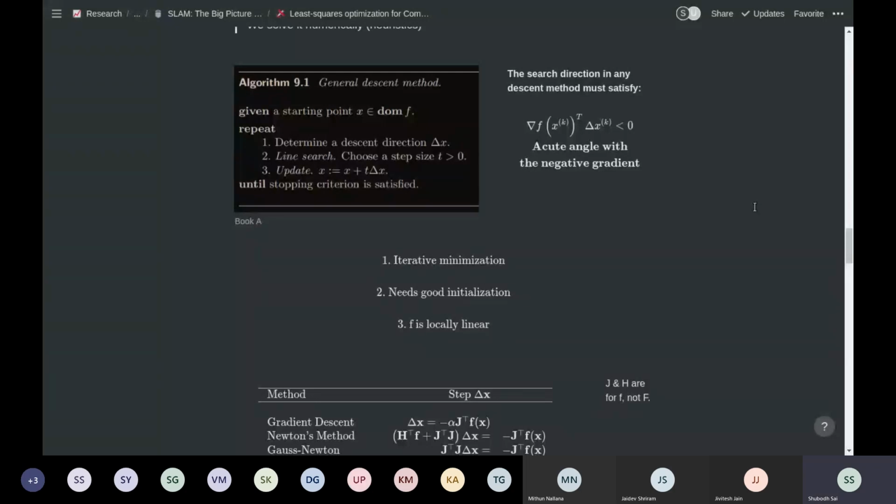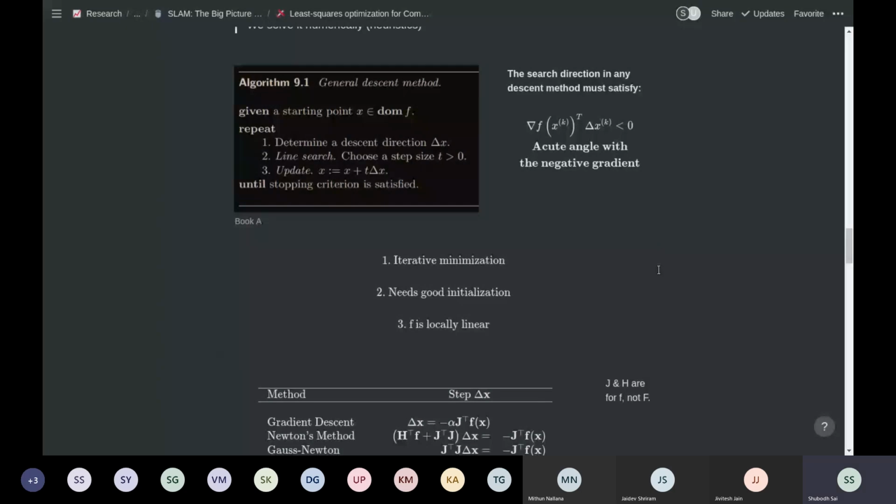Even if your whole function could be extremely complicated, you can assume that in the immediate neighborhood it is a linear function. We have to make this assumption, and it is a good enough assumption if we want to use these methods.